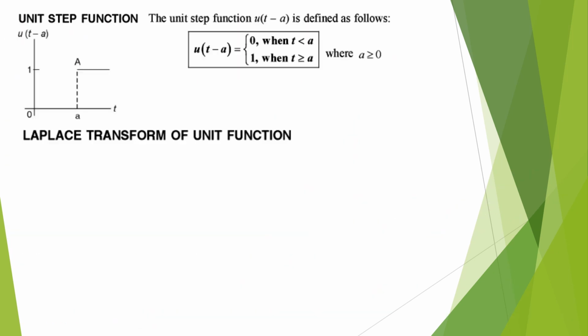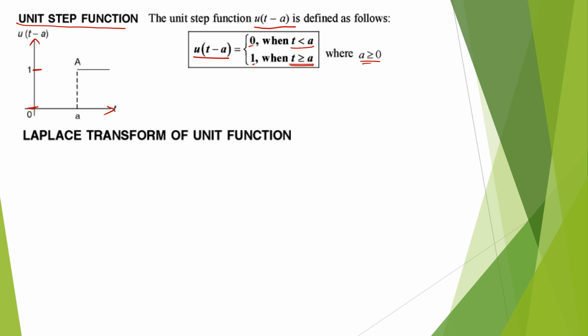A unit step function is a function represented in the form u(t minus a), defined as having either 0 or 1: 0 when t is less than a, and 1 when t is greater than or equal to a, where a is greater than 0. Graphically, this is the axis for time and this is the axis for the function value, which is 1 and 0.